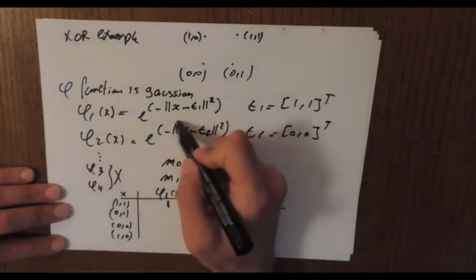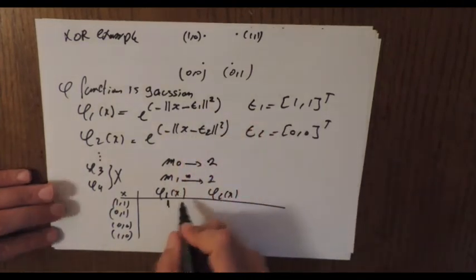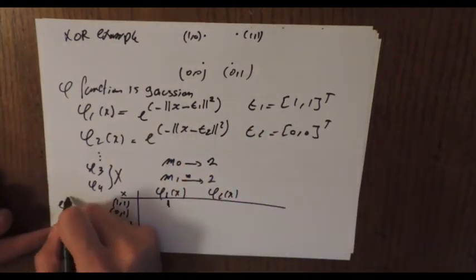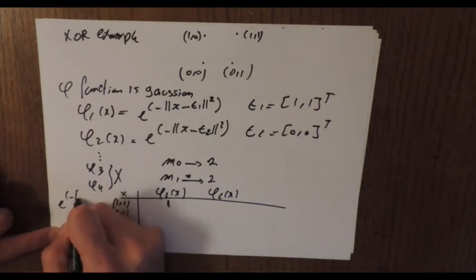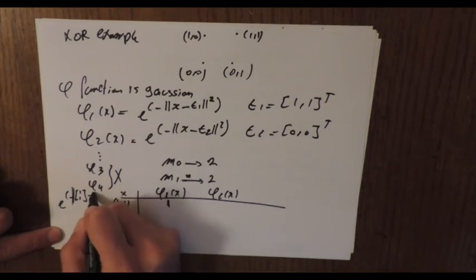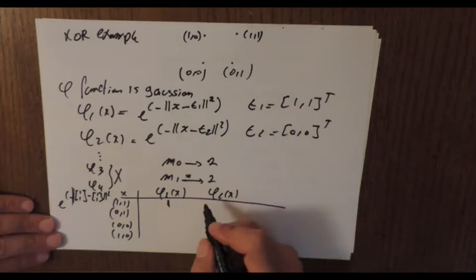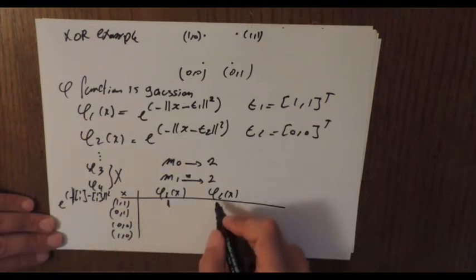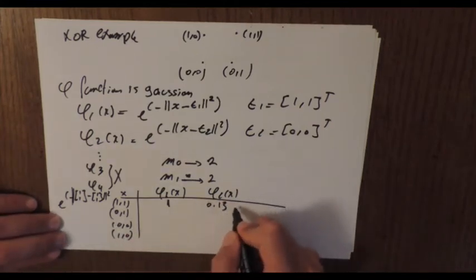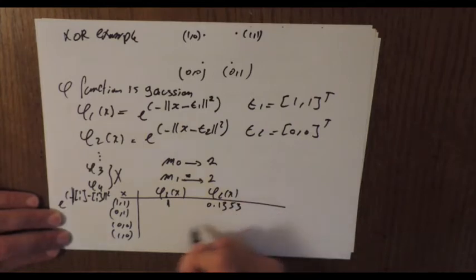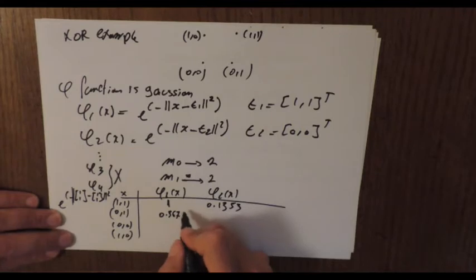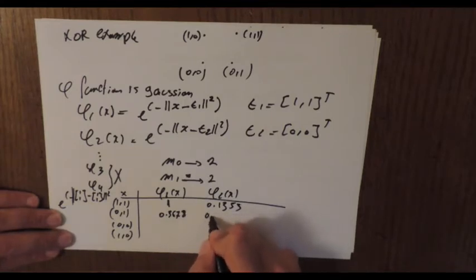So when x is 1, 1, we have e to the minus the Euclidean norm of 1, 1 minus 1, 1, which is going to be 0. So e to the 0 is 1. Phi 2 will be 0.1353. For 0, 1 it is going to be 0.3678, and we also have 0.3678.